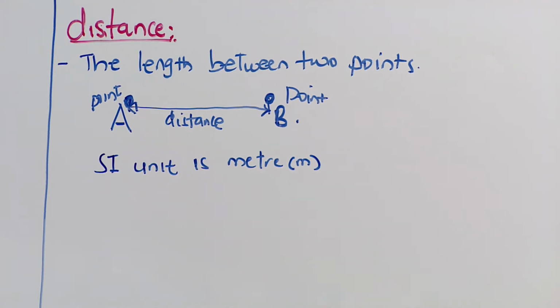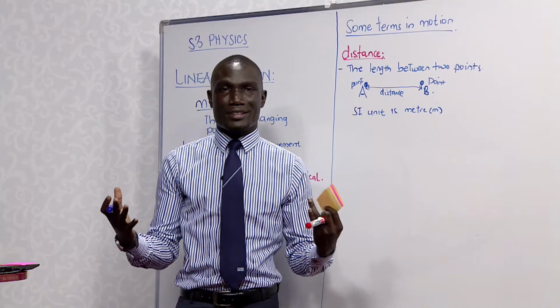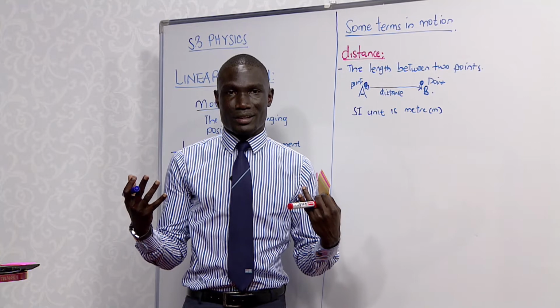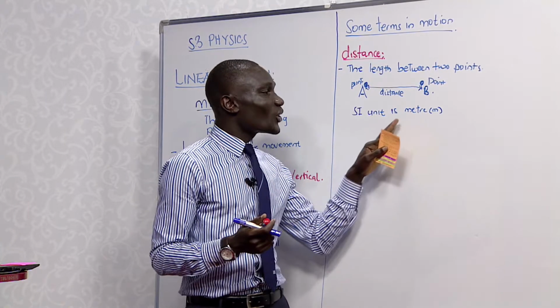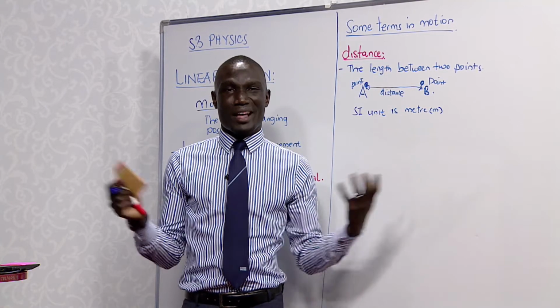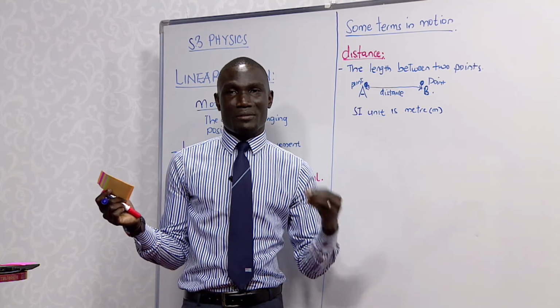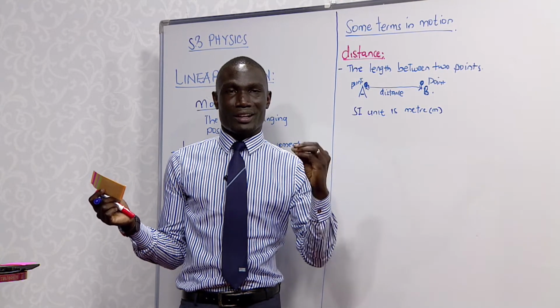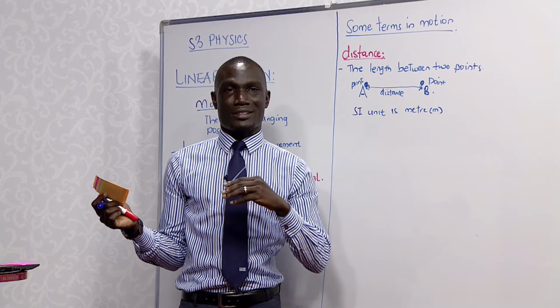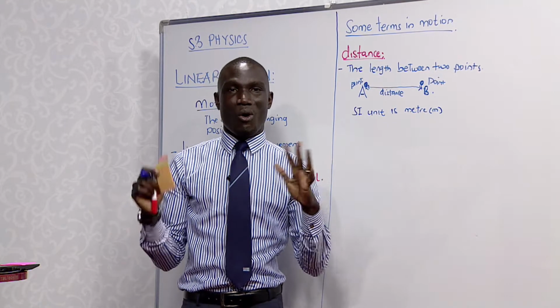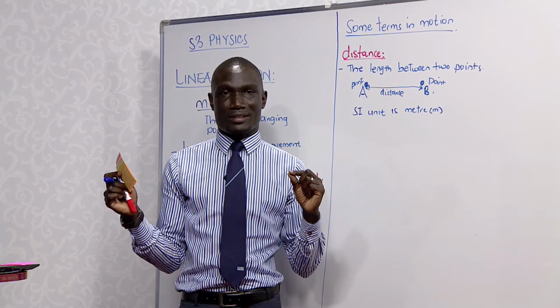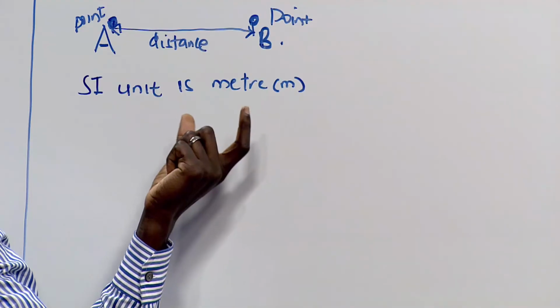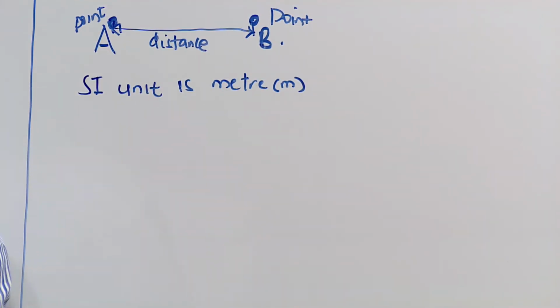And we represent that with small m. That is the SI unit of distance. But take note that this is not the only unit of distance. There are other units of distance, of course. We have kilometers, centimeters, millimeters, and so on. All those are other units of distance. But we want to focus on the SI unit, which is meter.